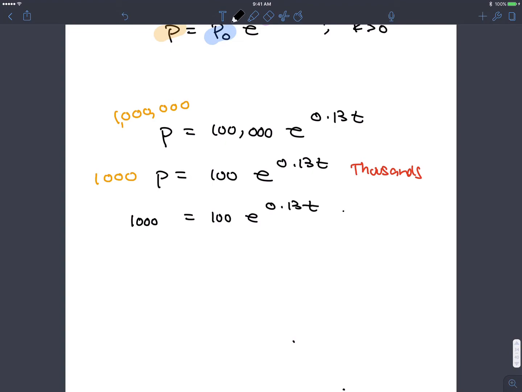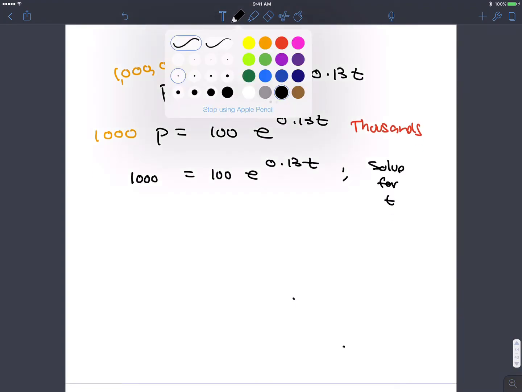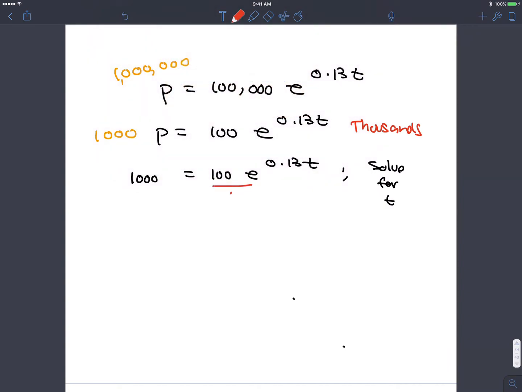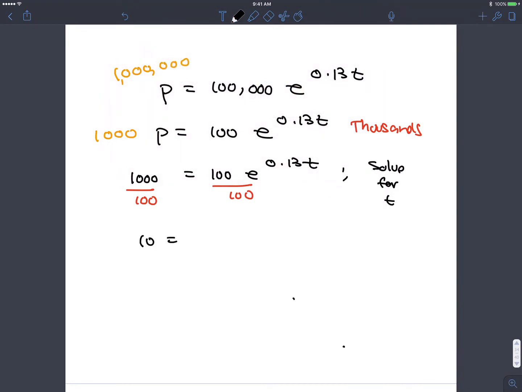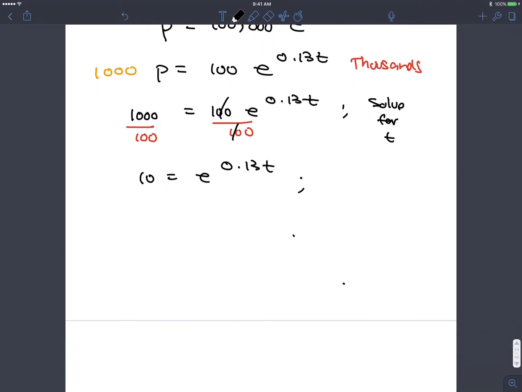This is an exponential equation. Solve for t. I can, at this point here, divide both sides by that 100. I get 10 equal to e to the 0.13t. Natural log of both sides.